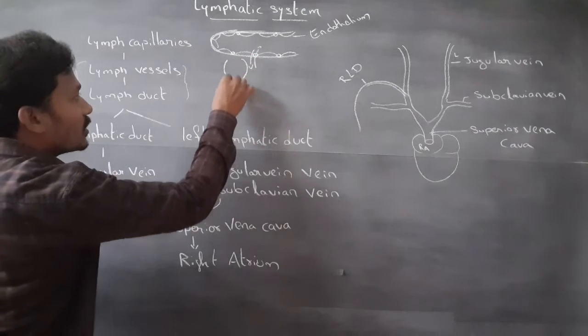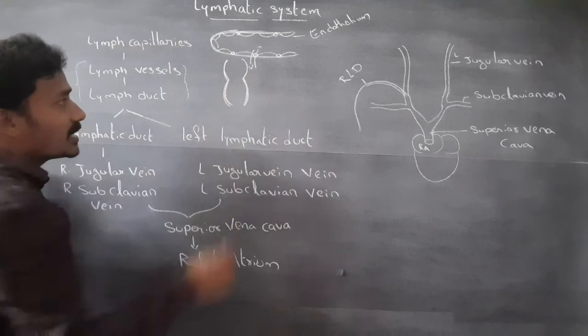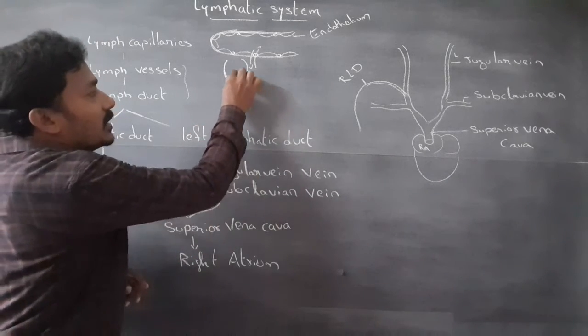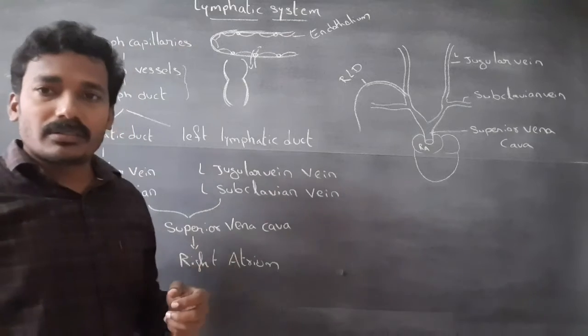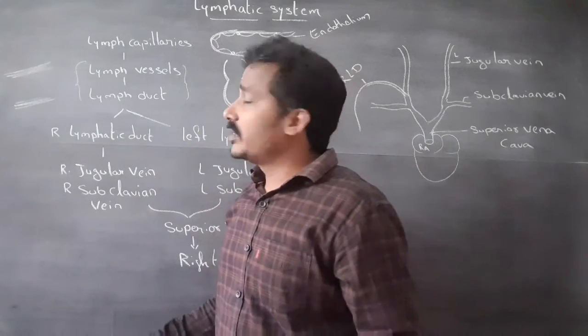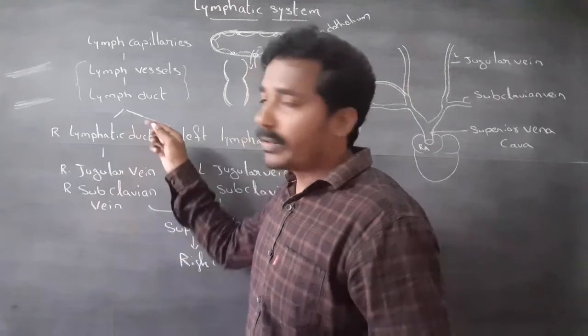Peristaltic movement means contraction and relaxation of the smooth muscle causes wave-like movement. This peristaltic movement helps in the movement of lymph from the lower region to the thoracic region.